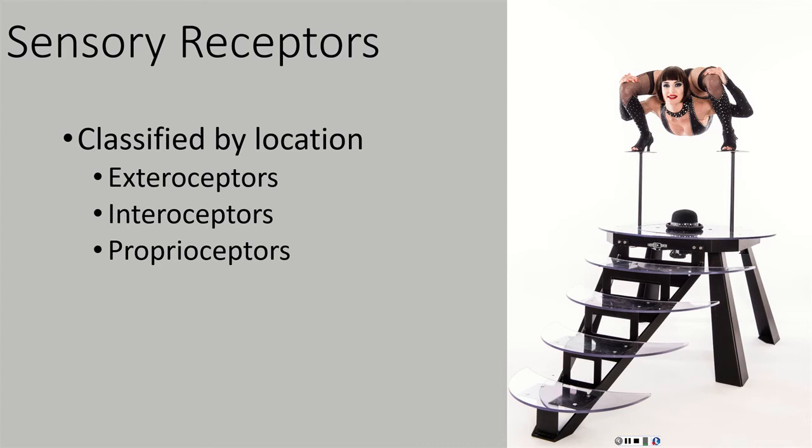So let's say you go into a room and there's a power failure and there's no windows in that room, so the room is completely pitch black. Well, even though you can't see yourself, you still know what position your body is in. You know where your arms are and if they're straight or bent. You know where your legs are and if they're straight or bent, because of these proprioceptors.